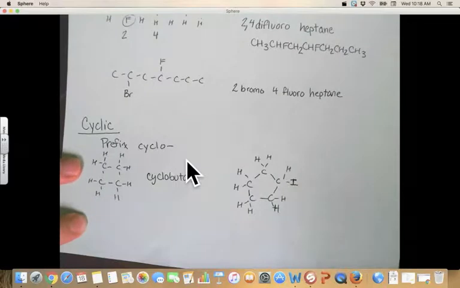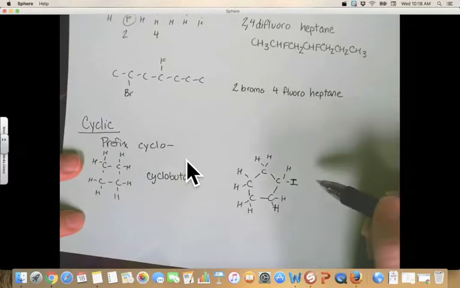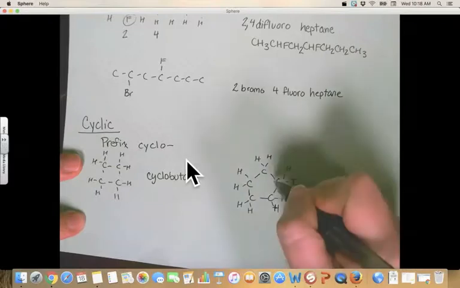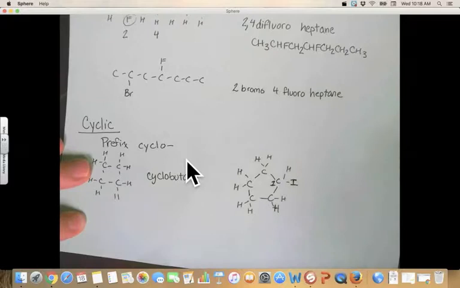Well, we would assign numbers as needed, and we're going to assign it the lowest number, because remember, this guy can rotate, so this is going to be carbon number 1. Okay, that just looks confusing with all the I's and H's in there, but that's a 1.